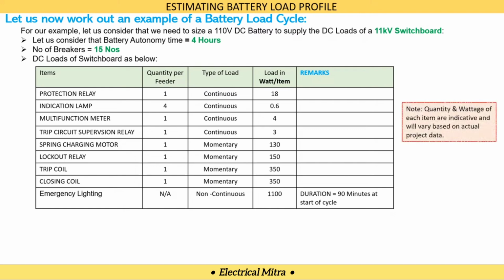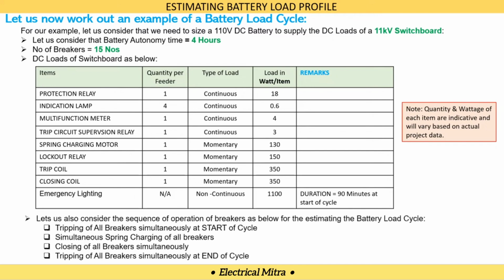Quantity of these loads in the switchboard is as given in the table, and the type of load, whether the load is continuous, momentary or non-continuous, is indicated in the table along with the wattage of each load. Let us also consider the sequence of operation of the breakers as below for estimating the battery load cycle.